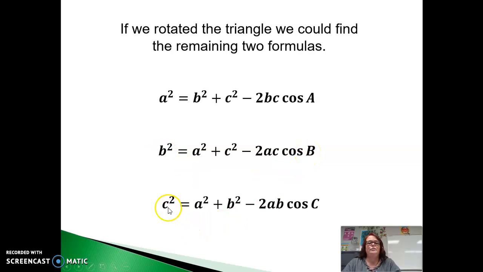And then finally for c squared, that's the one that we just figured out. So this is the Pythagorean theorem right here, where the A and the B are going to be in front of my cosine, and the little c becomes the big C with the cosine. So again, it's the law of cosines, so don't put a sign there because you'll get the wrong answer.